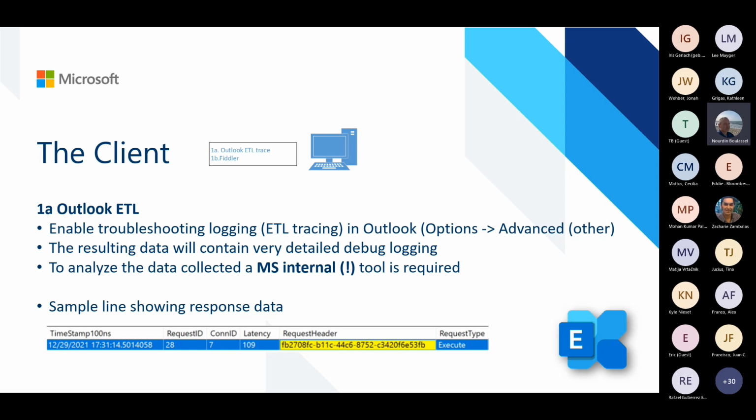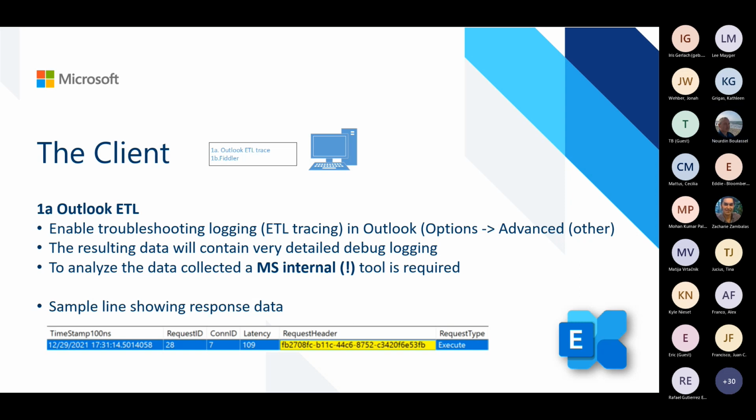A sample line from a screenshot I can show you nevertheless here. As you can see, the timestamp really goes down to the 100 nanoseconds time frame. You would see a request ID, a connection ID, a possible latency, and a request header.